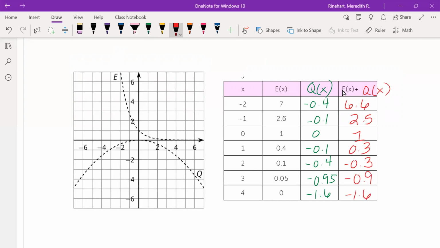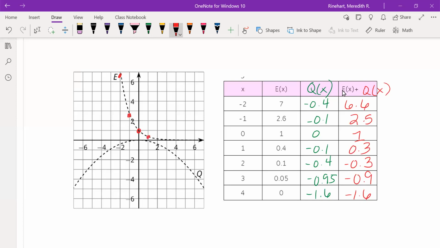And again, everything after this would be the same as what Q of x is on the graph. So go ahead and graph this. At negative 2, we go to 6.6. At negative 1, we go to 2.5. At 0, we go to 1. At 1, we go to 0.3.